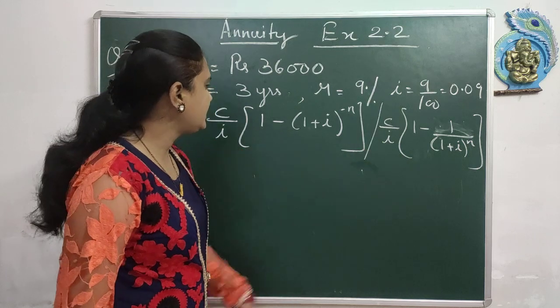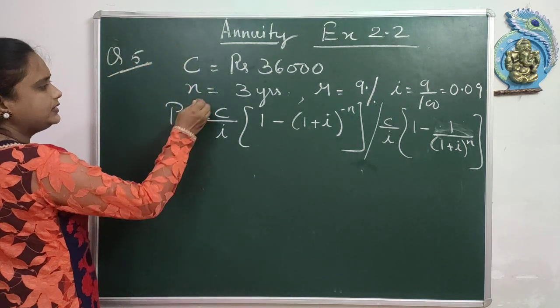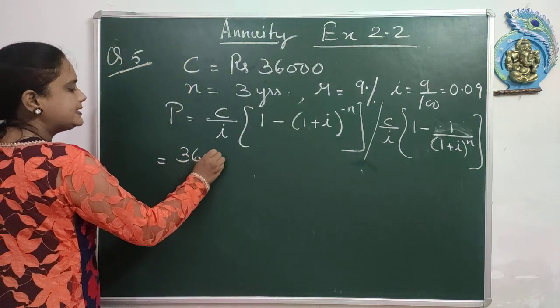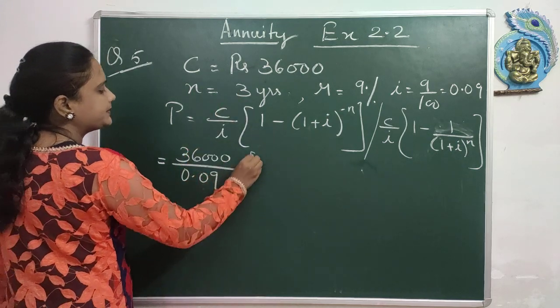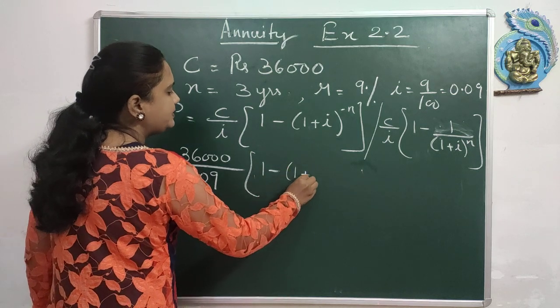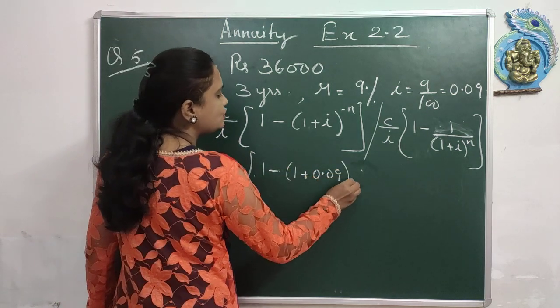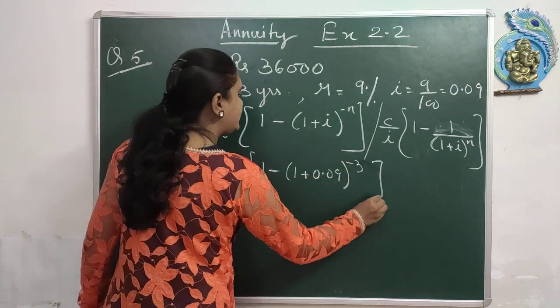Okay. Now just put the values here: 36,000 upon I, that is 0.09, 1 minus 1 plus 0.09 to the power minus 3.